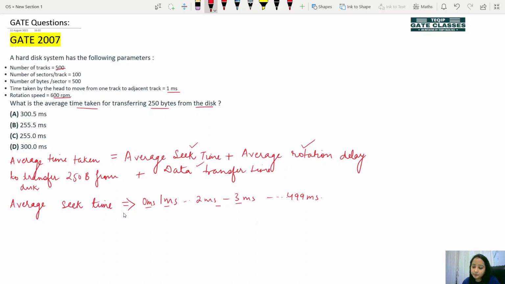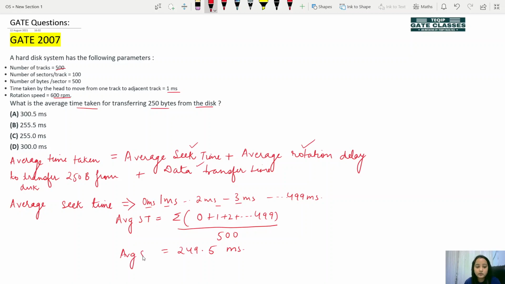So what will be the average seek time? It will be the summation of 0 plus 1 plus 2 plus so on to 499, divided by the number of tracks, that is 500. If you calculate it, it comes out to be 249.5 milliseconds. So the average seek time will be this much. First term we have found.